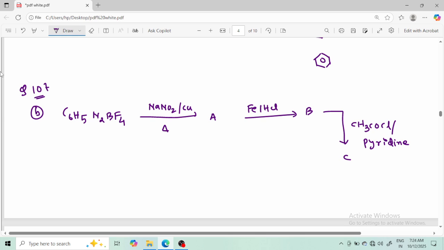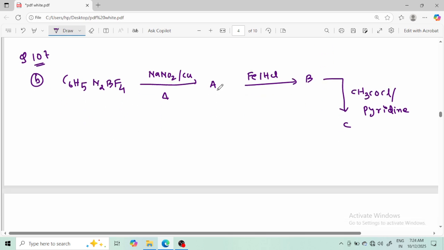Okay, let's do this. So here this will be a combination of benzene diazonium salt, then one preparation reaction because you get Fe/HCl in the preparation part, and then one chemical reaction of amine, that is CH3COCl. CH3COCl is an acylation reaction, the second chemical reaction of amine. So let's do that. Before solving this one, change it to normal form.